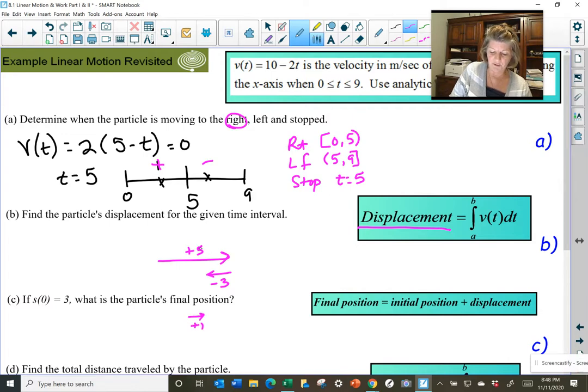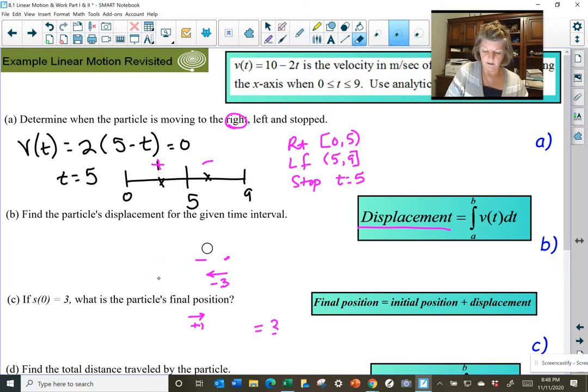My net position would have been 5 minus 3 is 2, add 1. I would have finished at a location of 3 had I started at 0. So that is displacement. It takes the positives and the negatives and gets just the final outcome of the result, going forward, backwards, forward, whatever.